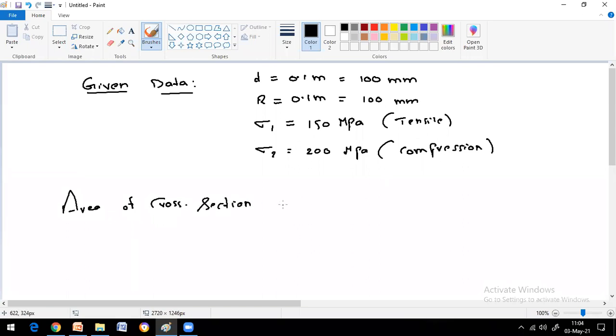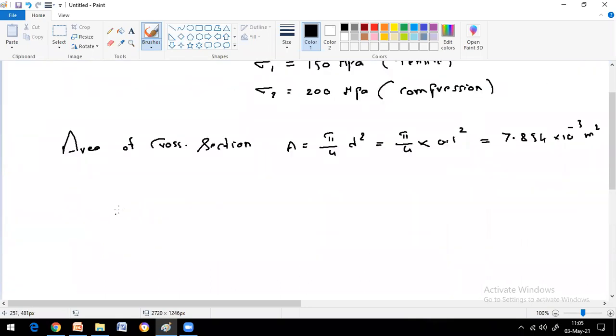Area of cross section A is equal to pi by 4 d square, pi by 4 into 0.1 square, which is 7.854 into 10 power minus 3 meter square. Okay, let it be in meter. Okay, right.